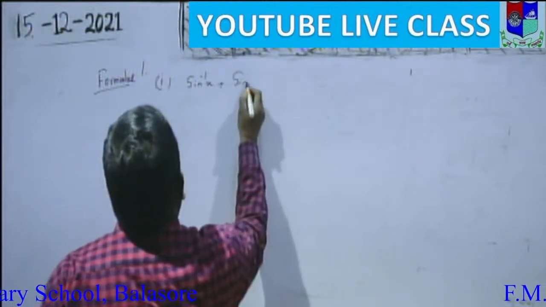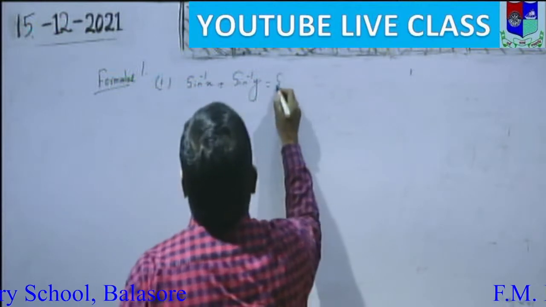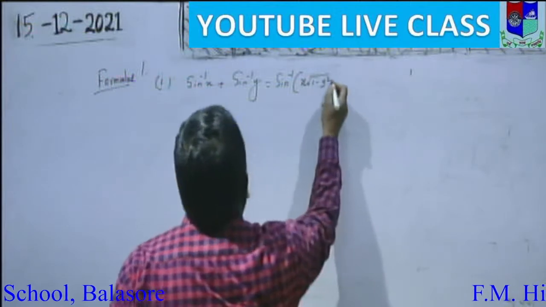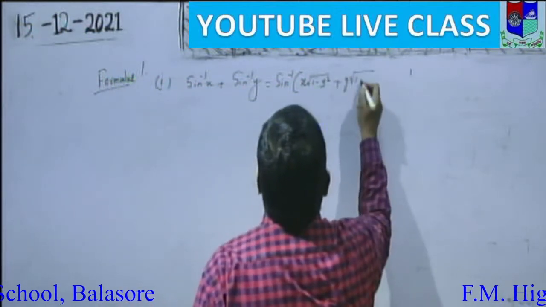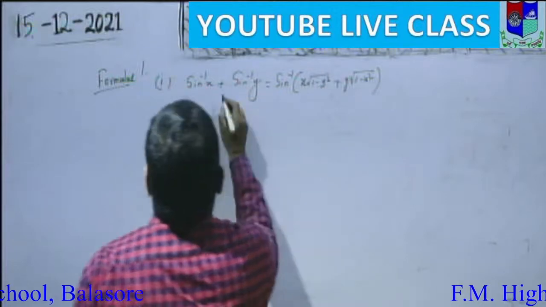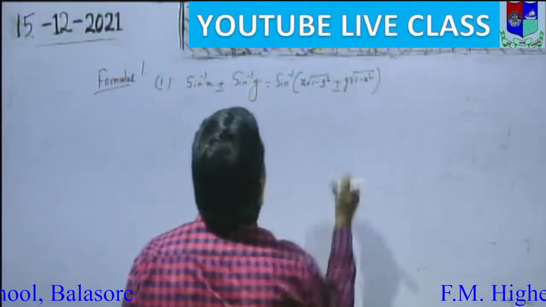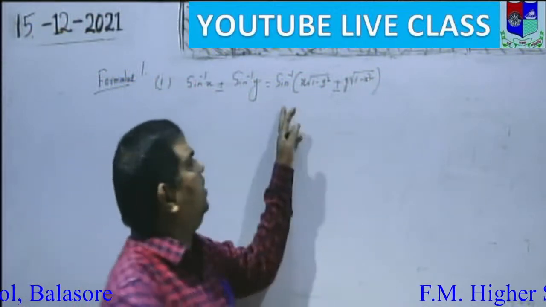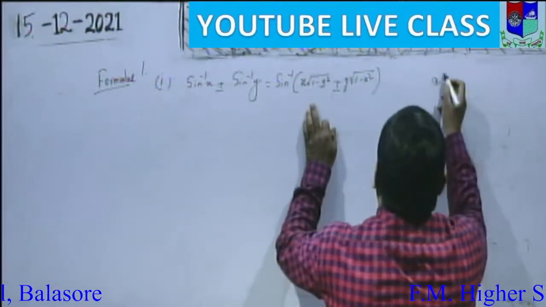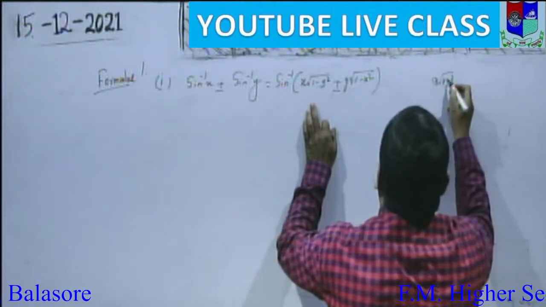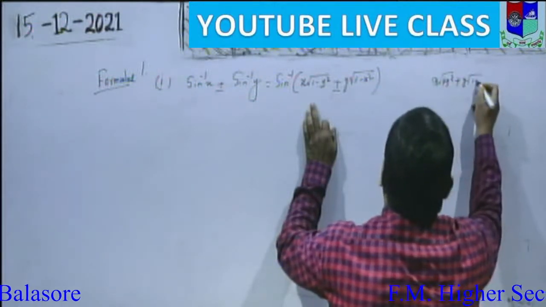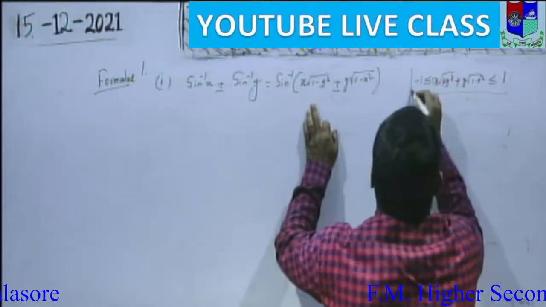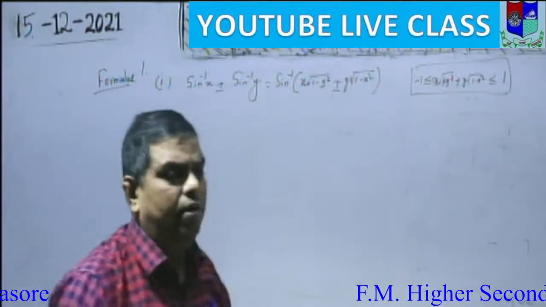Sin inverse x plus sin inverse y is equal to sin inverse of x root over of 1 minus y square plus y root over of 1 minus x square. If it is minus, then it is minus. And this total value should lie between minus 1 and plus 1. Solving this, we are getting the domain.